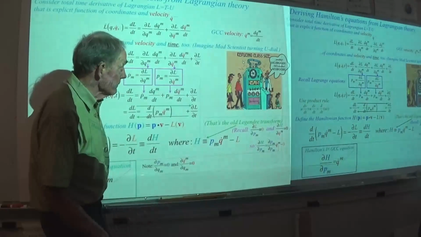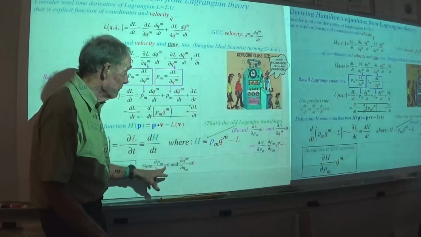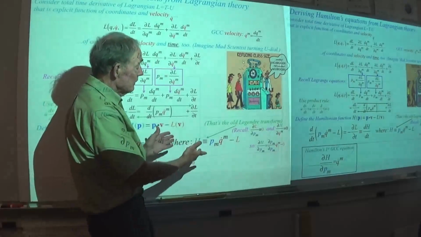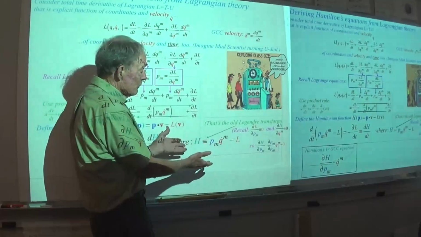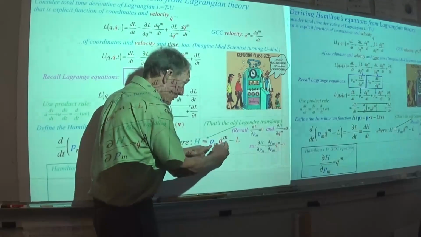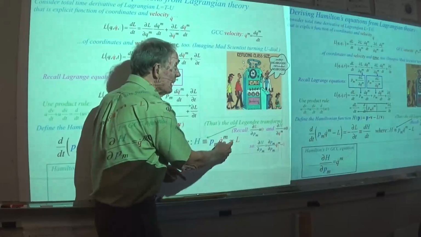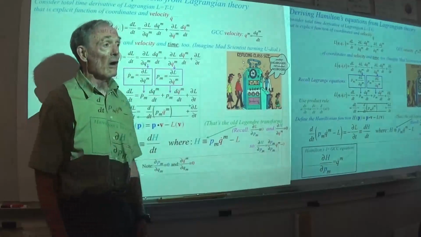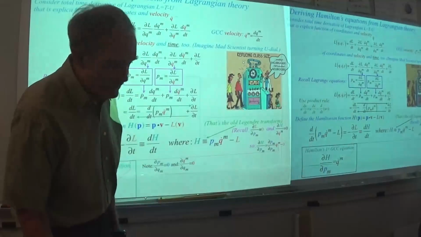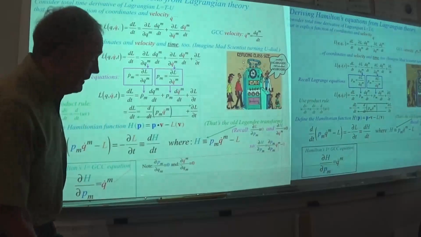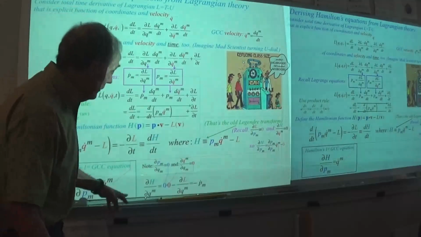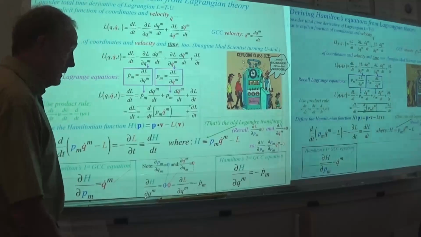So this partial dependency here is identically 0, both of them. And that means when I go through and take a partial of this equation with respect to a coordinate, I get 0 times 0. This is 0, and then I have minus the partial derivative of the Lagrangian with respect to a coordinate. It's what's left. Okay? So that is what gives you this relationship right here, but that is Hamilton's second equation.